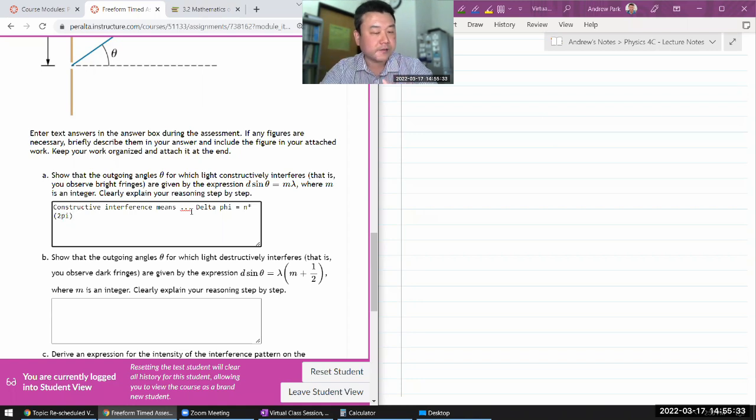So, whole cycles difference. The phase difference comes from the path length difference.